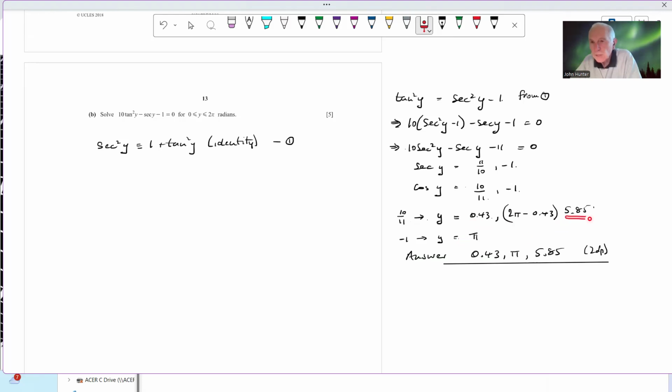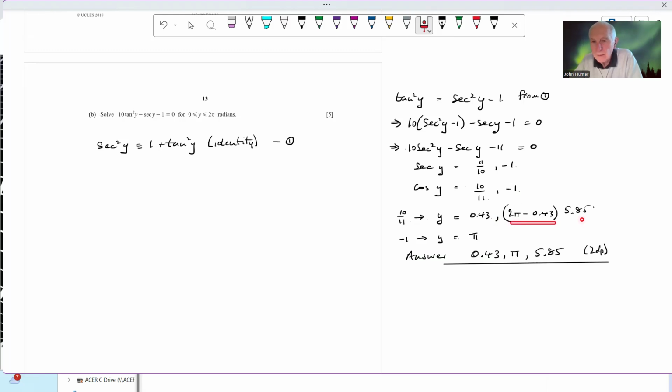I've also included another solution, again using the periodicity. So, 2 pi minus 0.43. Oh, sorry, that is 2 pi minus 0.43. That's what I meant to say.